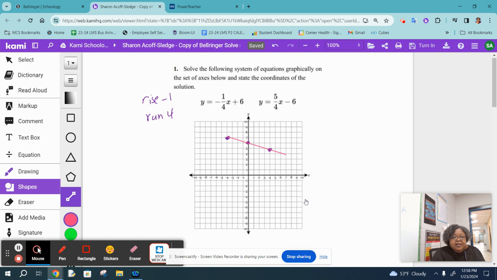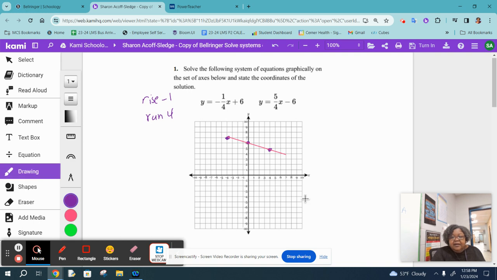Now this one, my y-intercept is what in the second equation? -6. And then my slope is 5/4, so I could go up 5 and right 4.